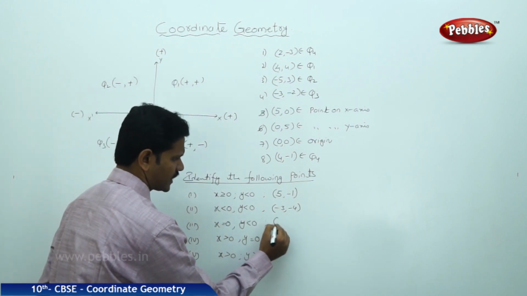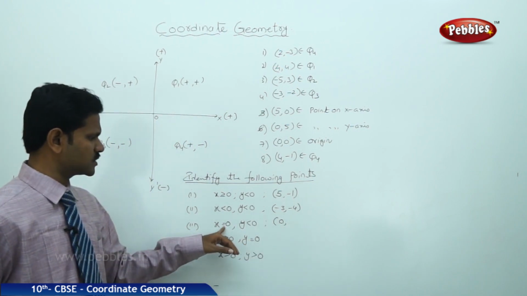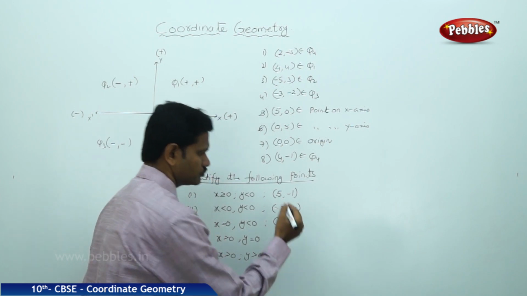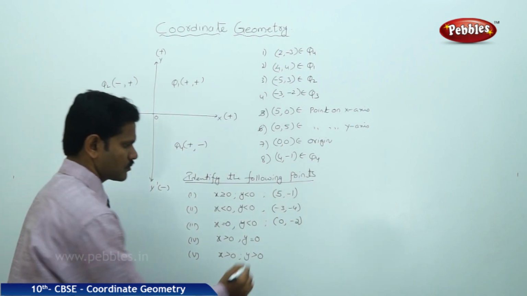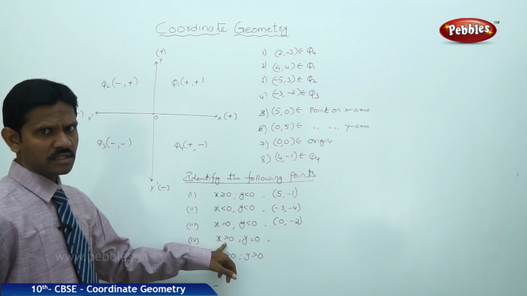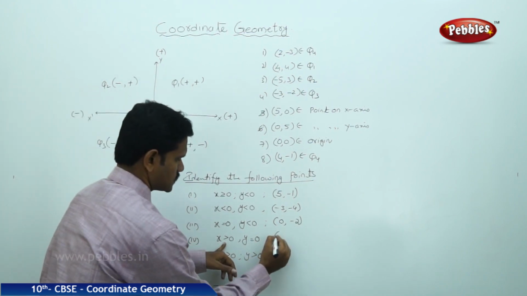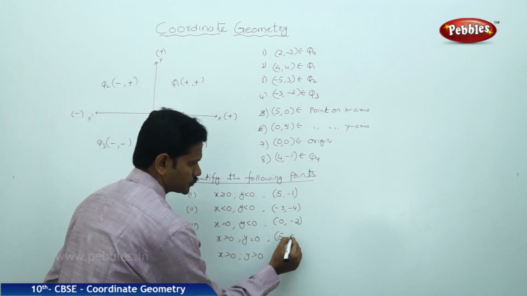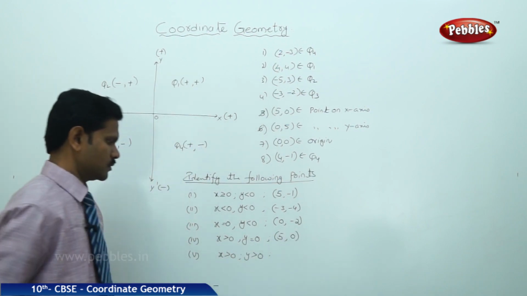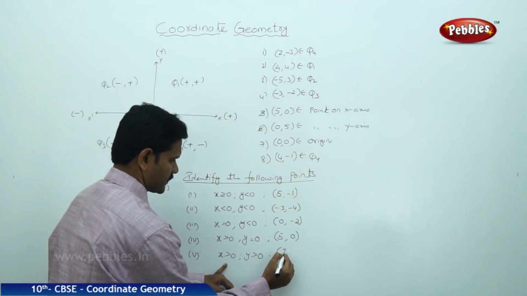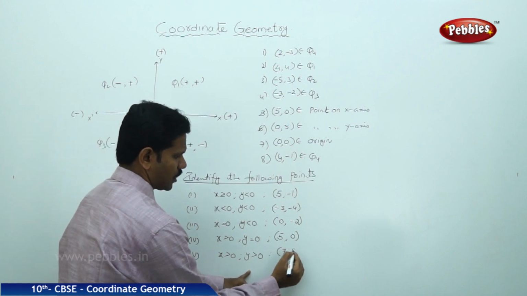Third one, x equal to 0: in place of x, you place 0. y less than 0, that is minus 2. Next, x greater than 0, that is 5, y equal to 0. Then x greater than 0, 7, y greater than 0, 8.